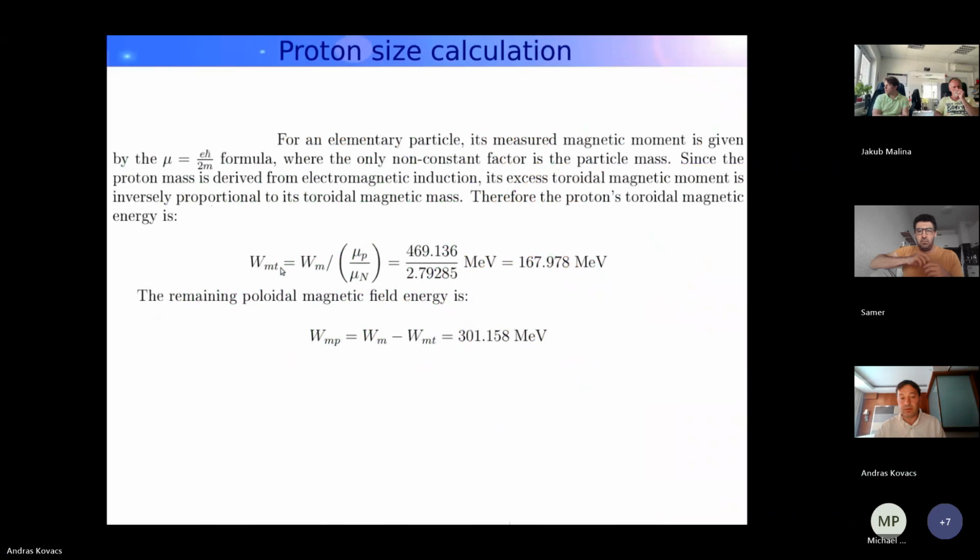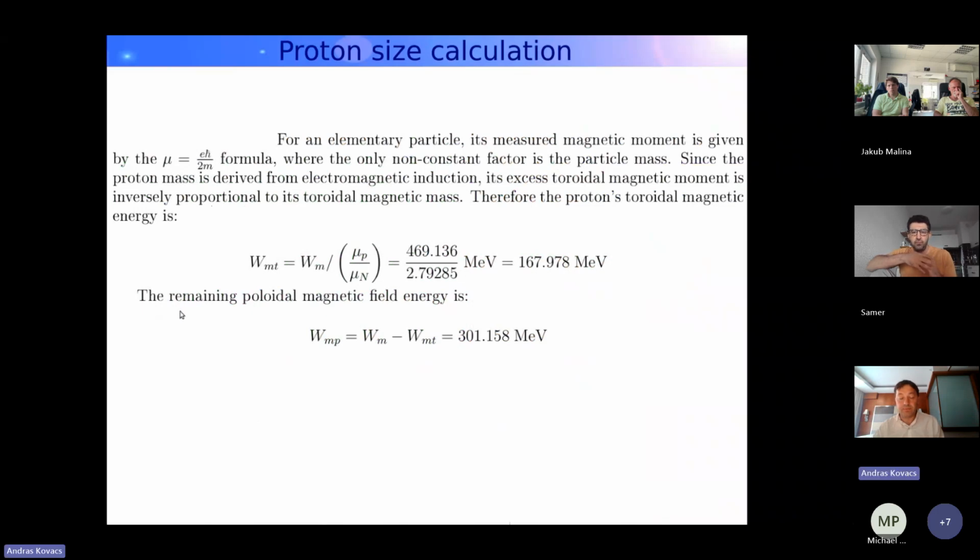So the total magnetic mass of the proton is half of the proton mass, and the toroidal part of the magnetic mass is then divided. If we take this whole magnetic mass and divide it by the excess magnetic moment, this 2.79 excess magnetic moment factor, then we find that the toroidal magnetic mass is approximately 168 megaelectron volt.